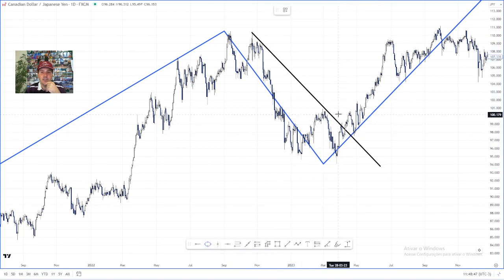Do we agree that the market would break the counter trend line at the circle? Type in the chat, yes I agree. Type in the chat, no I don't agree. Type in the chat what you are talking about, I don't understand anything.